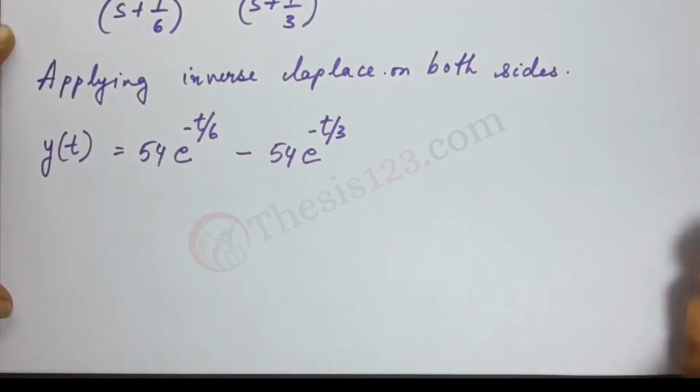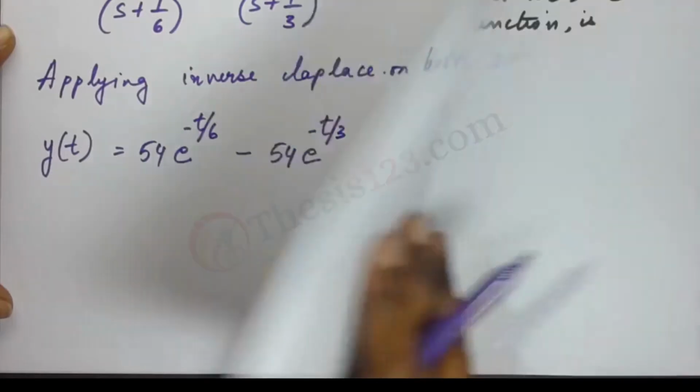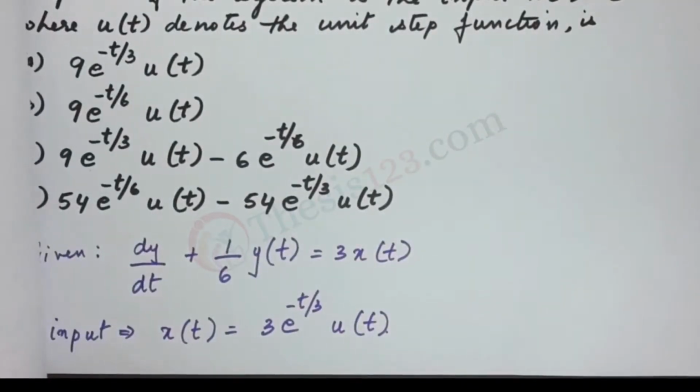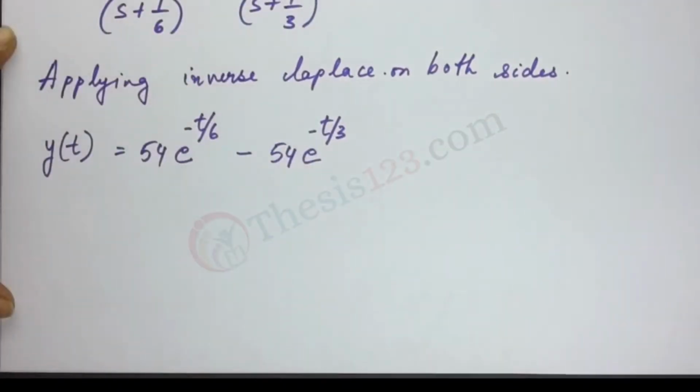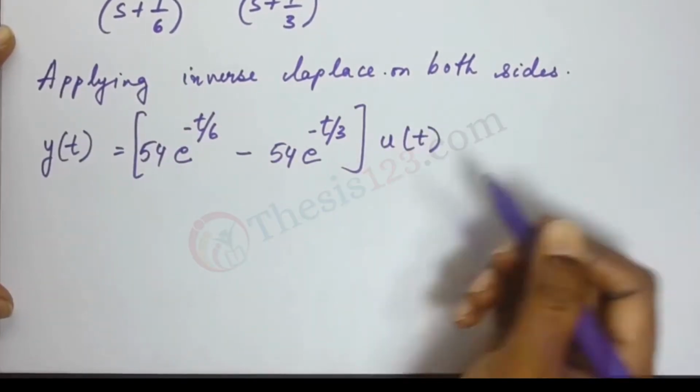Now since the question mentions that u of t is a unit step, that's what the question says. Let me just go back here, see. Now the u of t denotes the unit step function, so we need to multiply this expression with u of t.